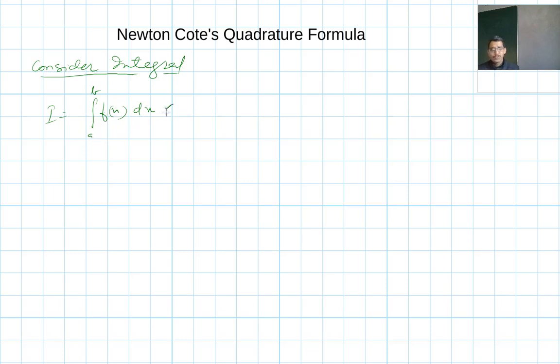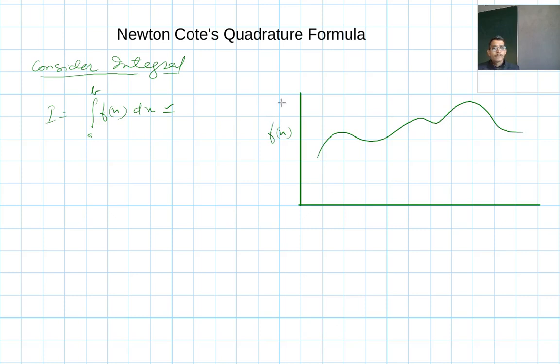Suppose we are interested to determine this integral, and the situation is like this. Say this is the function and this is the x-axis, and suppose this point is a and say this point is b.